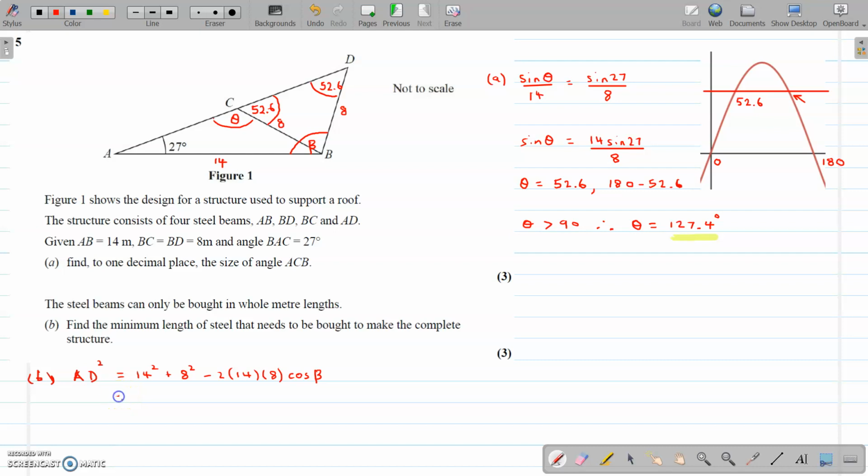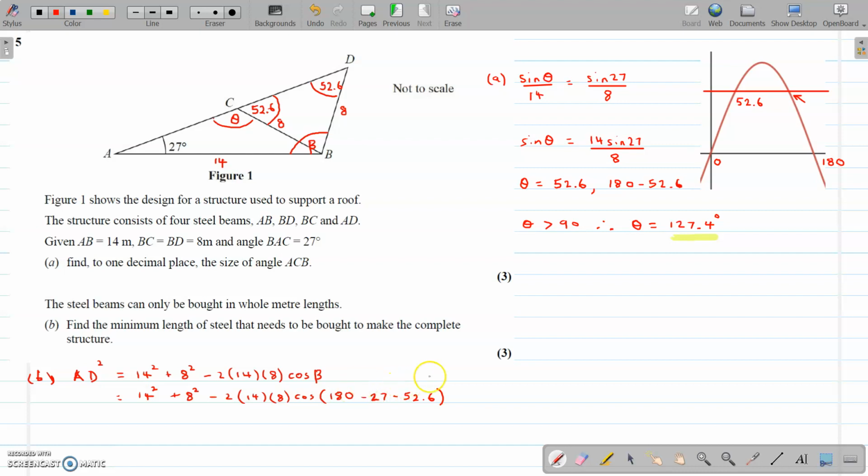Okay, so that is equal to 14 squared plus 8 squared minus 2 times 14 times 8 times the cos of 180 minus 27 minus 52.6. Okay, and just make sure, of course, the calculator is set to degrees when you're working with this.